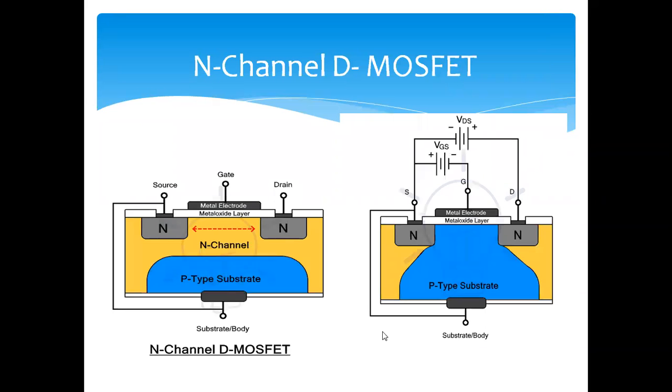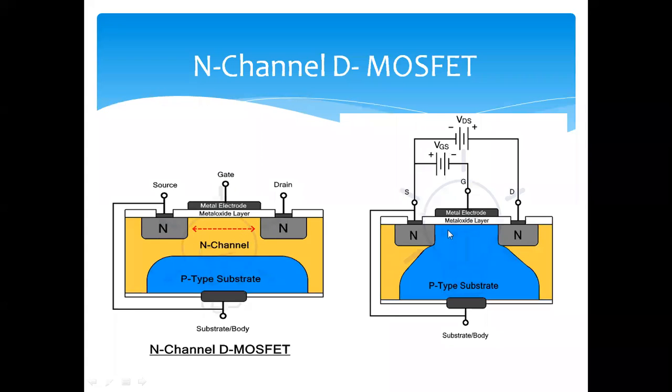Now, this is the diagram and the circuit of the N channel depletion MOSFET. As you can see here, we are using the P type substrate. In that P type, we are doping the N type impurities that form the channel.